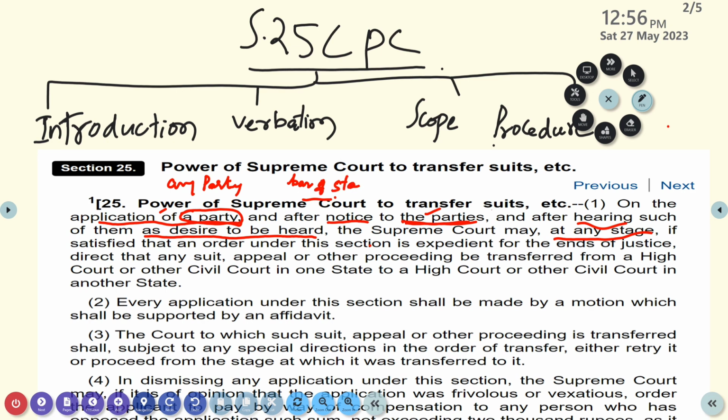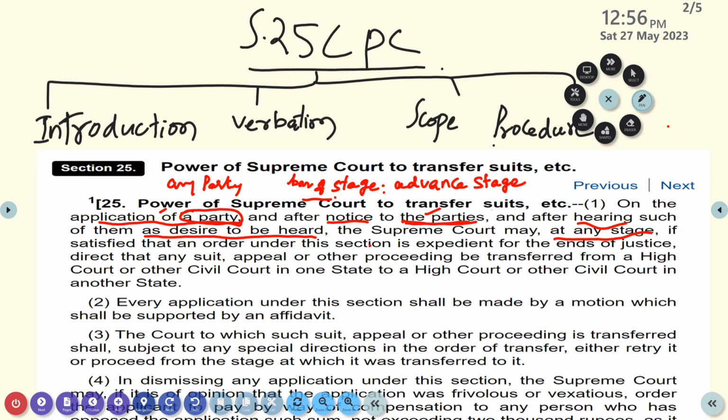That means nobody can argue that it is in an advanced stage. So you cannot hear. We can't say that because the statute permits the court to act at any stage.